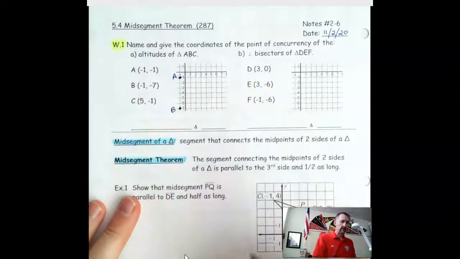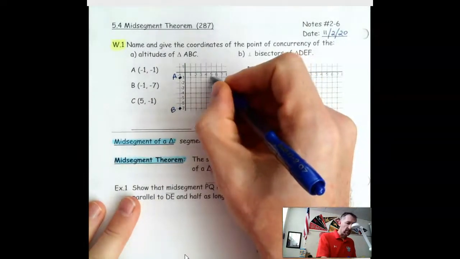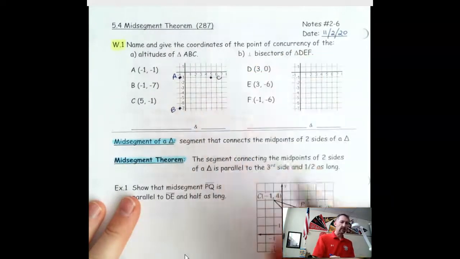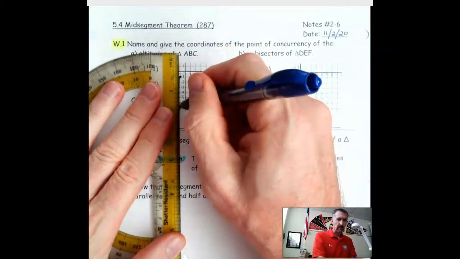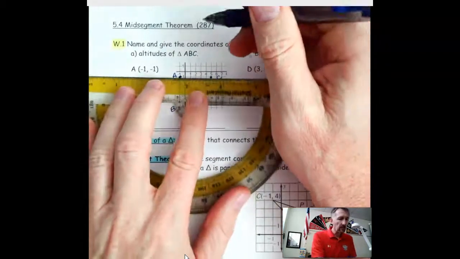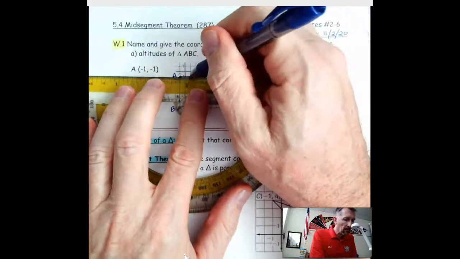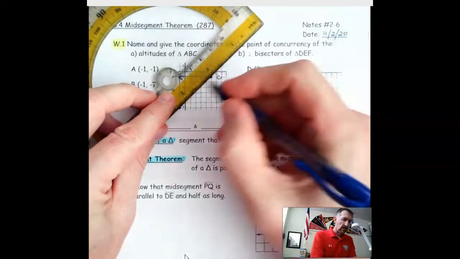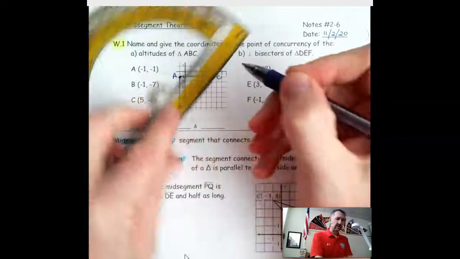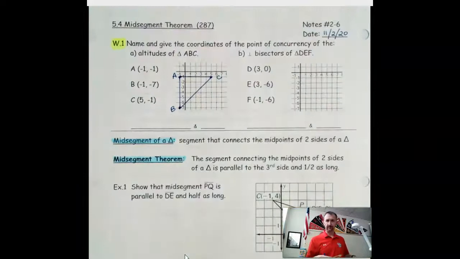That's point B. And then 5, -1, that's point C. So we can connect those. It's always nice when you can use a straight edge. It makes the lines look better and clearer. All right. Give the name and give the coordinates of the point of concurrency of the altitudes.